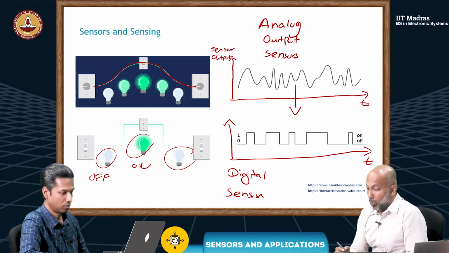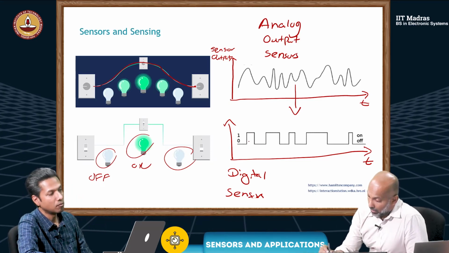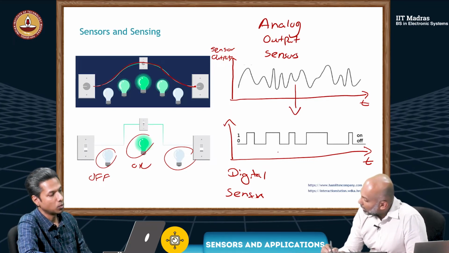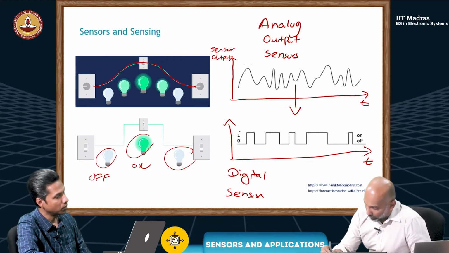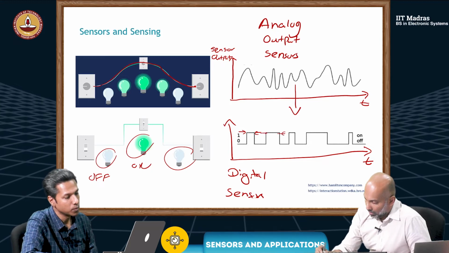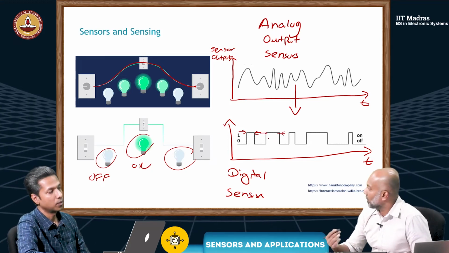Now if you look at the digital sensors, it's not just on or off. There can be more information embedded in this digital signal. For example, if you look at the width, it's different, isn't it? So that could provide some information on the output.